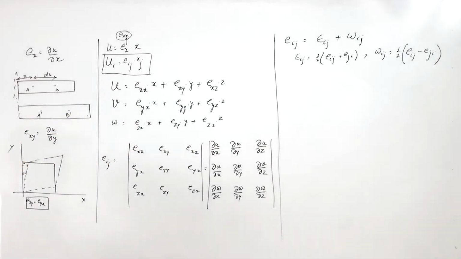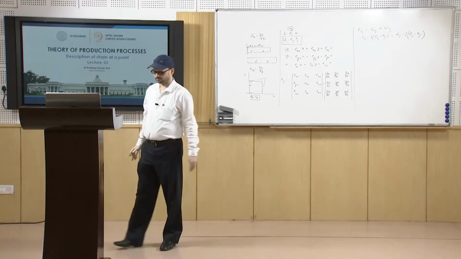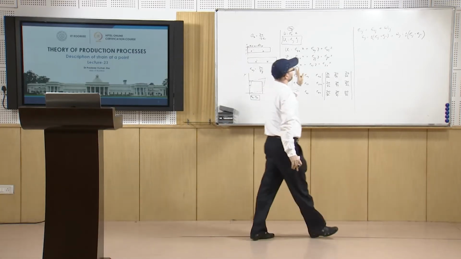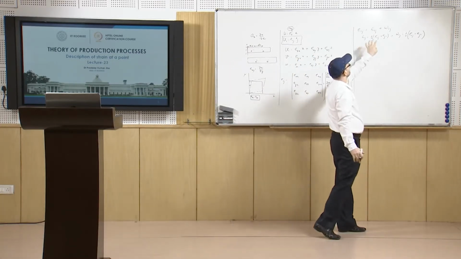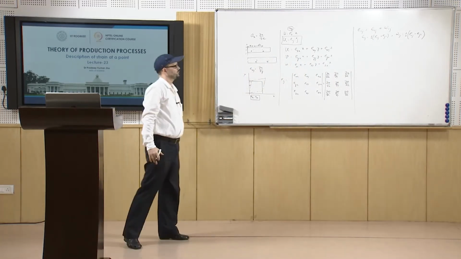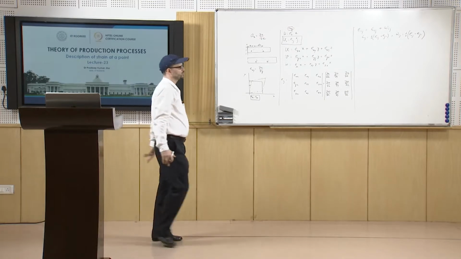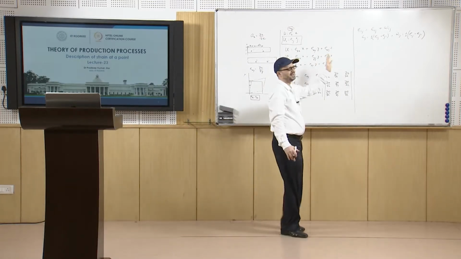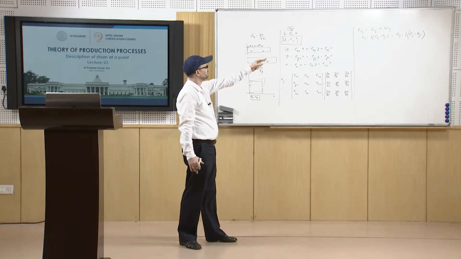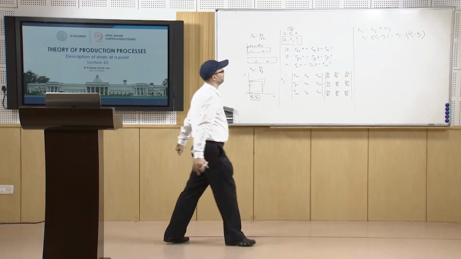So this strain tensor will be divided into 2 tensor components, one having the symmetric part, another having the skew symmetric part.